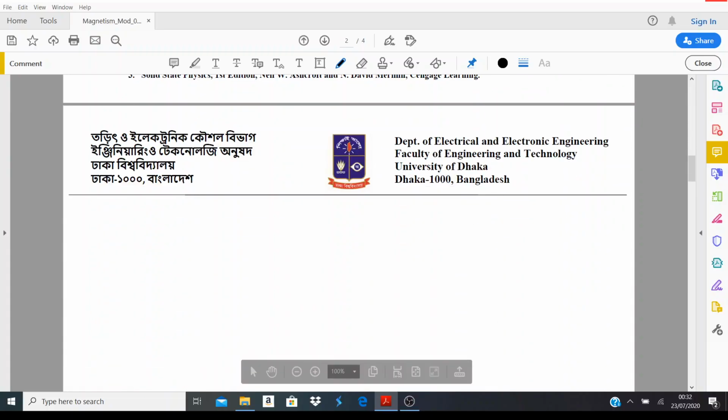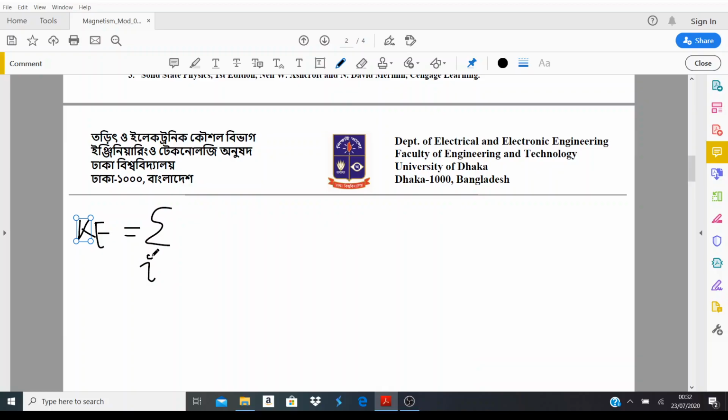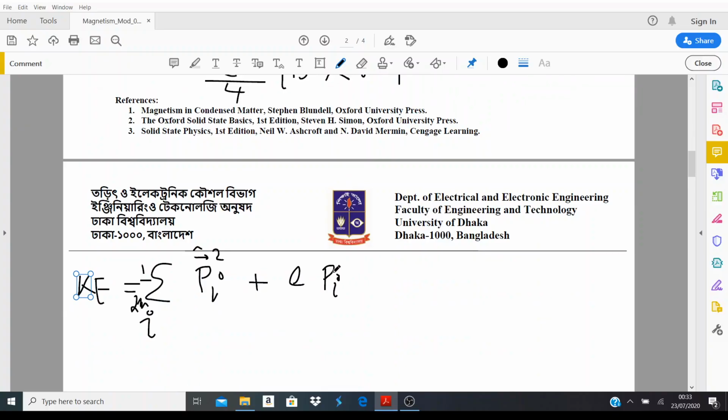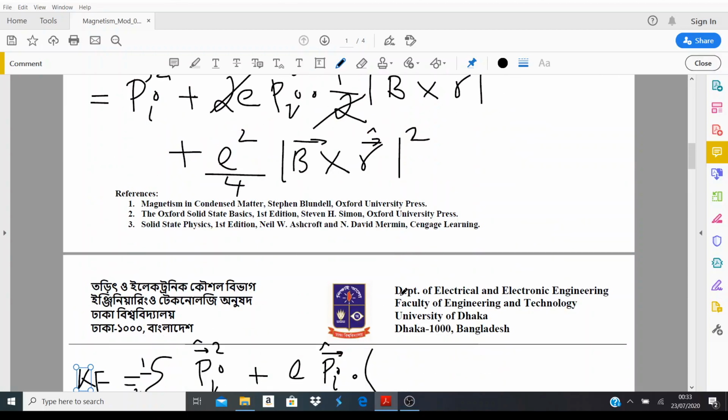If I want to collect those terms in the total kinetic energy equation, we will have 1 by twice m times the sum. The first term is p_i minus the vector potential squared. Then we have e times p_i, the momentum vector, dotted with B cross r.